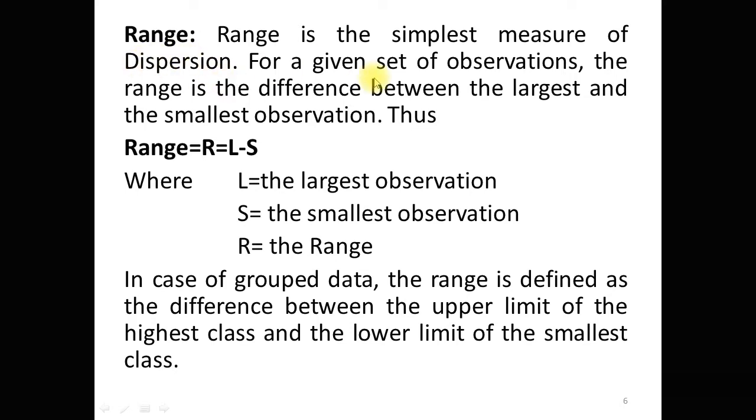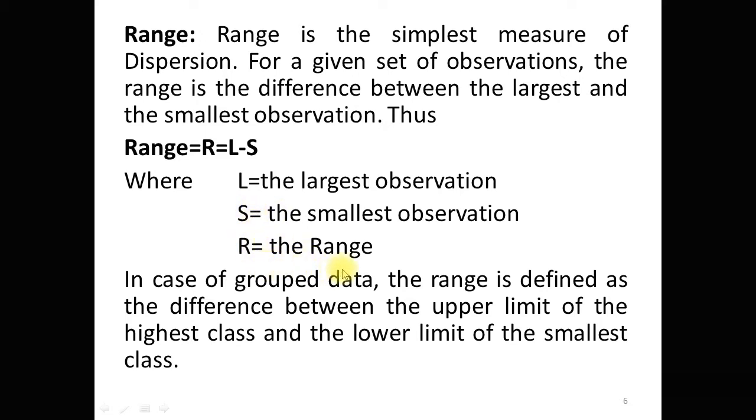For a given set of observations, the range is the difference between the largest and the smallest observation. Thus, range is denoted by R, and R is equal to L minus S, where L is the largest observation, S is the smallest observation, and R represents the range.